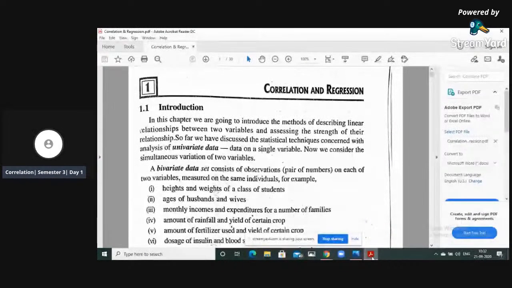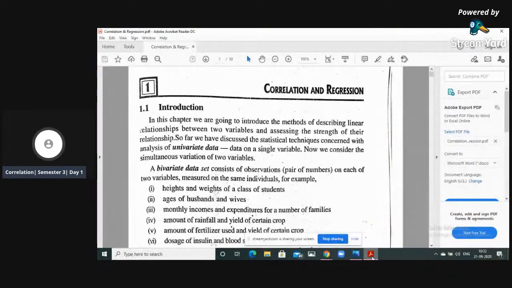So far, we have already studied univariate data. That means data which have only a single variable or a single characteristic, like height of an individual or weight of an individual.